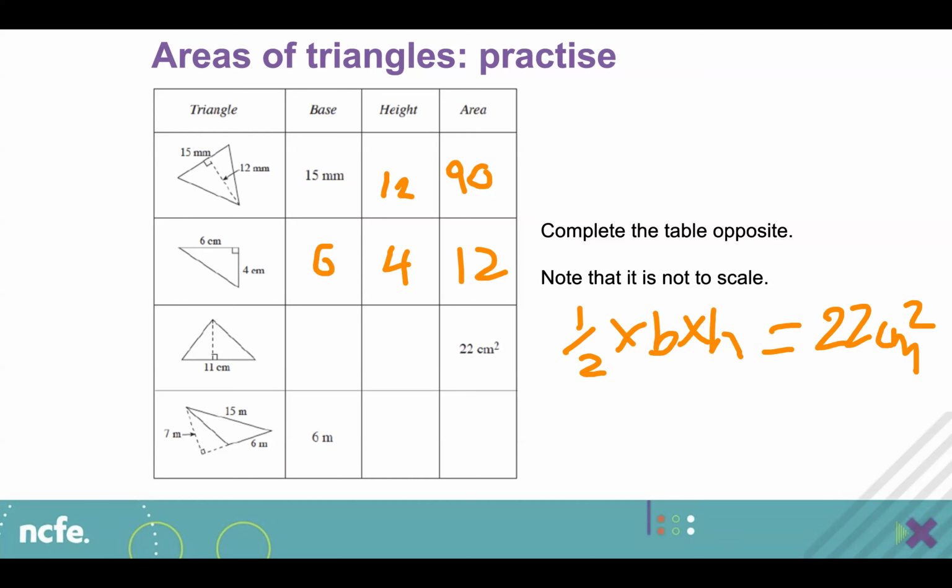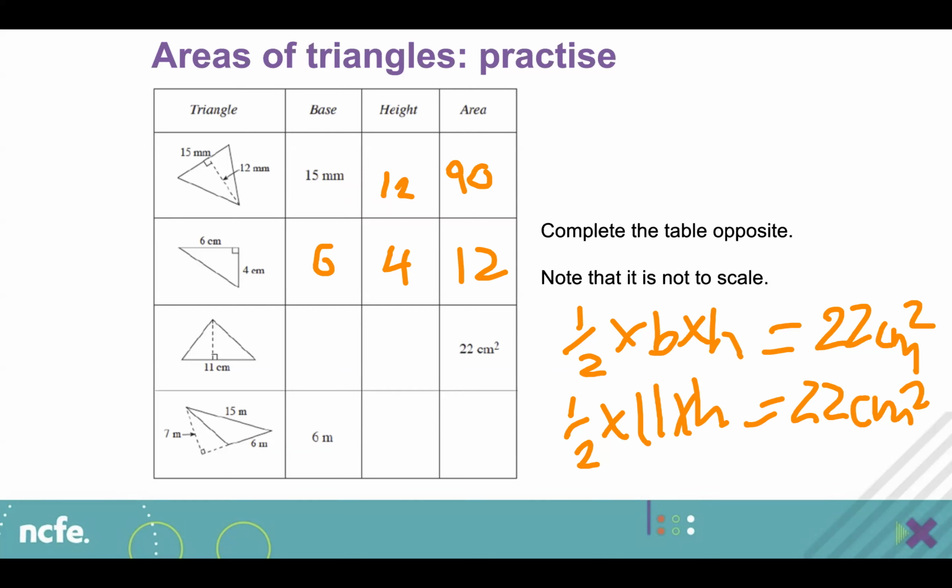To work this out, it is half times base, which is 11, times h equals 22.